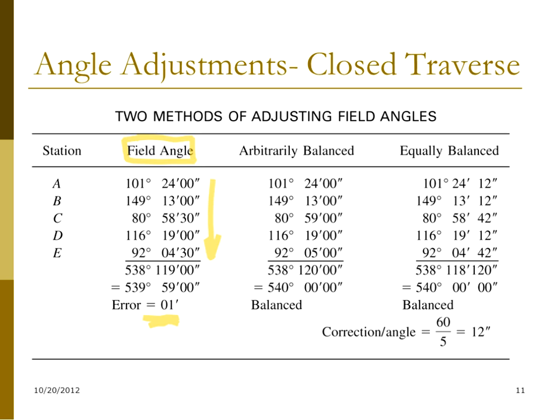And we're going to go ahead and correct for that. There are 2 ways to do that. The first way, which we're going to use for the most part in this course, is this here, equally balanced. So we're taking an average correction. 1 minute is equal to 60 seconds. We have 1, 2, 3, 4, 5 angles, so we divide 60 by 5. It gives us a correction of 12 seconds per angle.